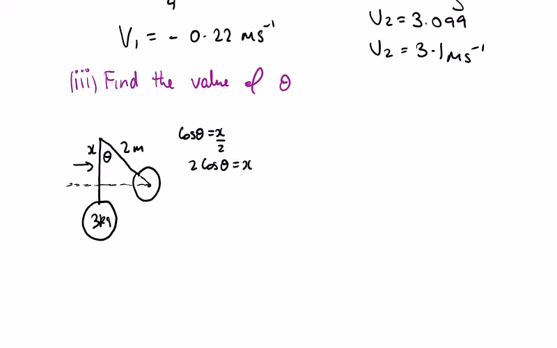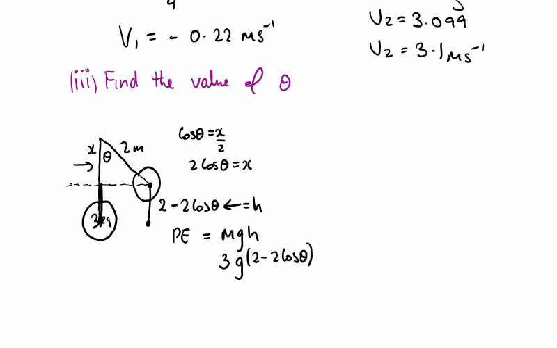The height above, from here to here, is going to be the total distance of 2 minus 2 cos theta. So the potential energy at the top is mgh, and this is why we need this for h. So we have 3g by 2 minus 2 cos theta.